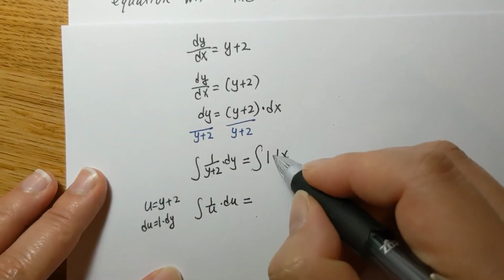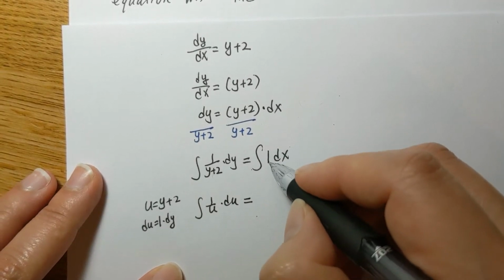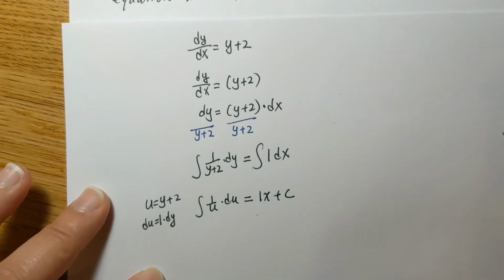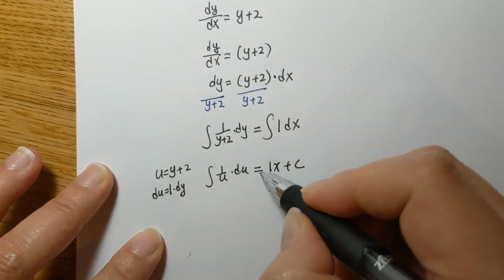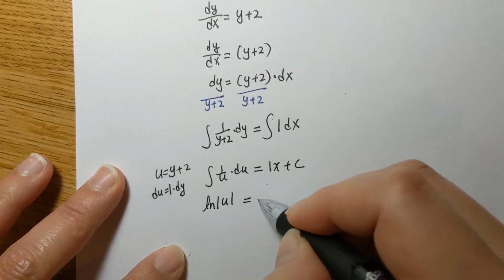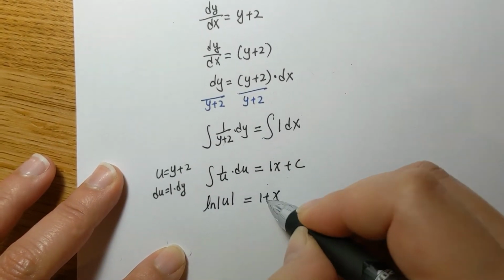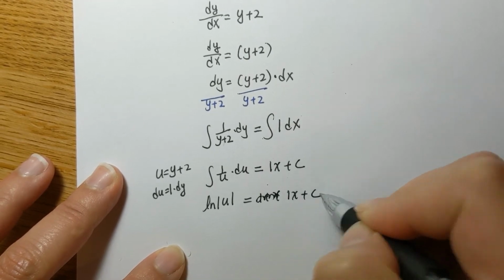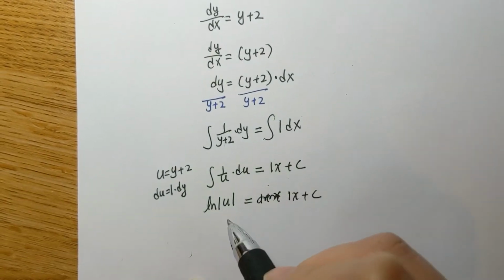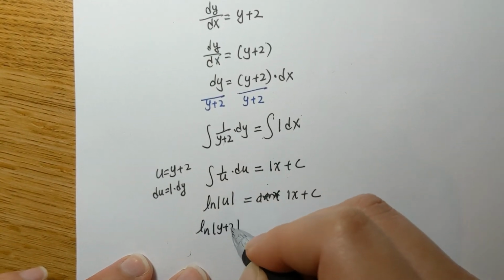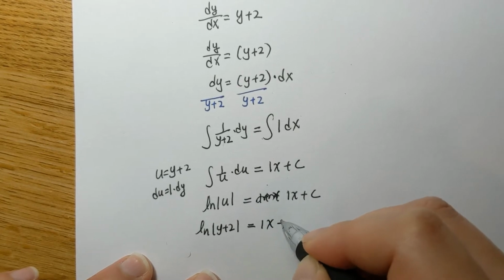And then this time I'm going to integrate it. So I had 1, so it's 1x plus c. So the entire derivative 1 over u will be ln absolute value, and now I'm going to get ln y plus 2 equal to 1x plus c.